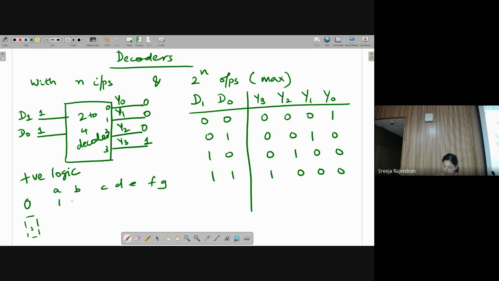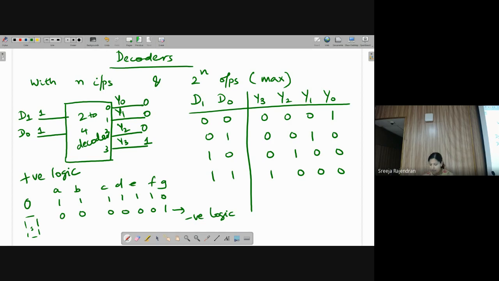So we wrote 1 for everything except G. But if you have Googled this, you can see that there are 2 kinds of implementations possible. One is what we discussed in class. Otherwise, I can give 0 for all the active ones and 1 for the others. This is called negative logic, where true is represented by 0 and false by 1. Whichever logic you use, the final circuit implementation will be the same. There is not going to be any difference.